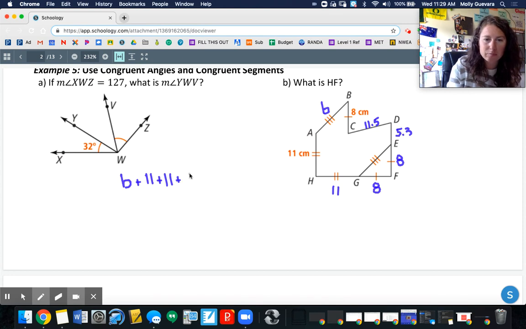So I'm just going around the shape. Plus 8, plus 5.3, plus 11.5, plus 8. So I've added up all of the sides, and I know that that's going to equal 73.8.